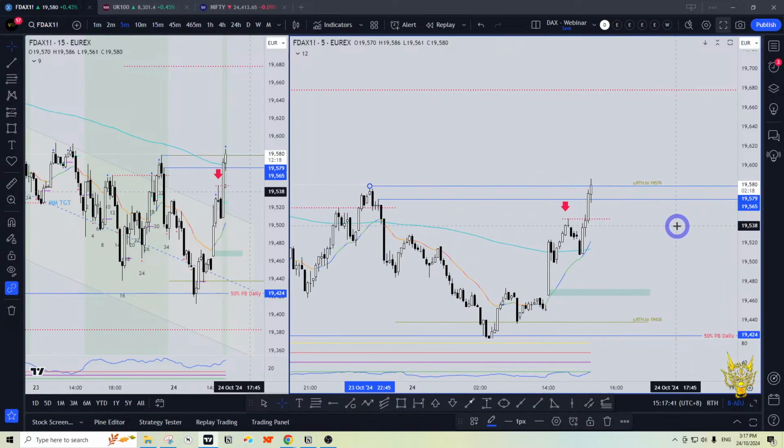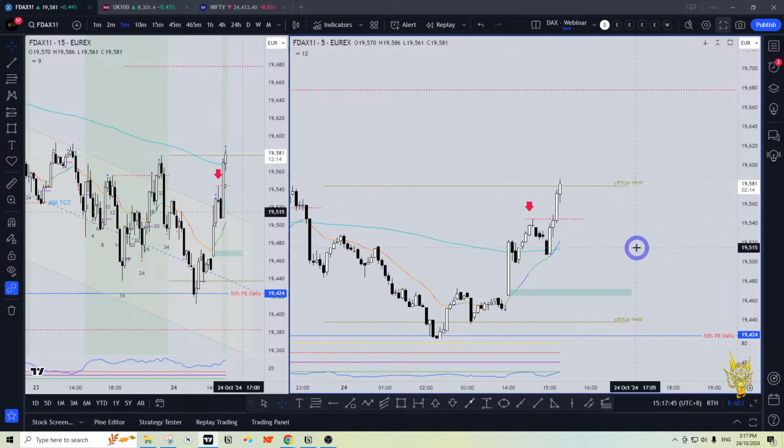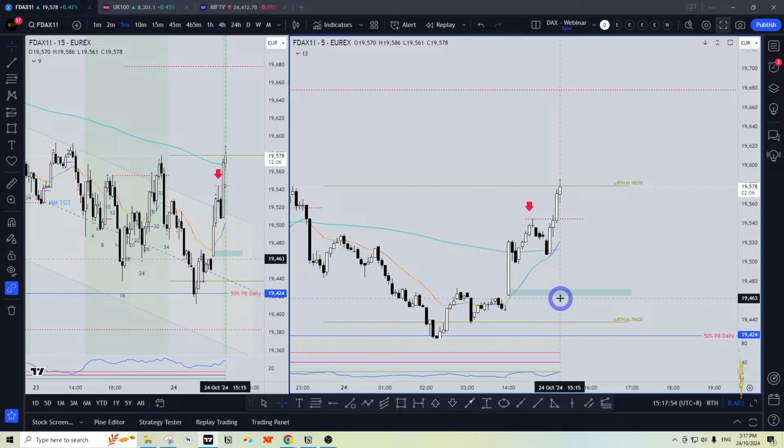Okay, nice. So DAX took out that high and that high. So that's the stop.